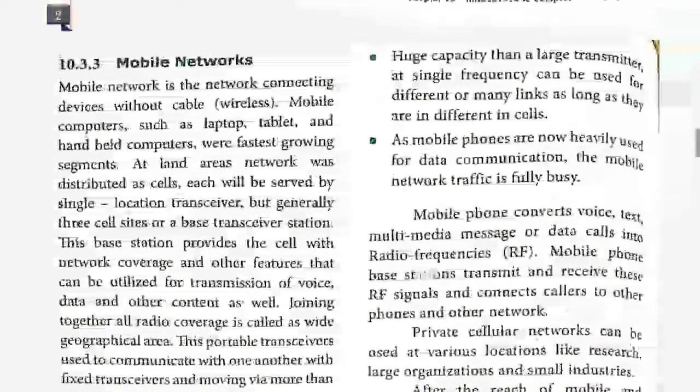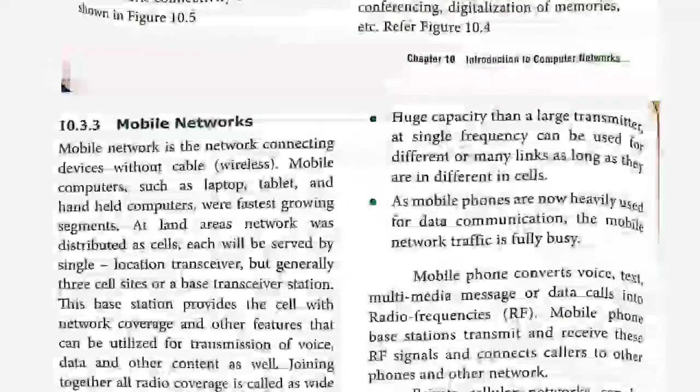Next is huge capacity. A large transmission at a single frequency can be used for many links, as long as they are in different cells. When you are in a particular cell, it will use a separate frequency.